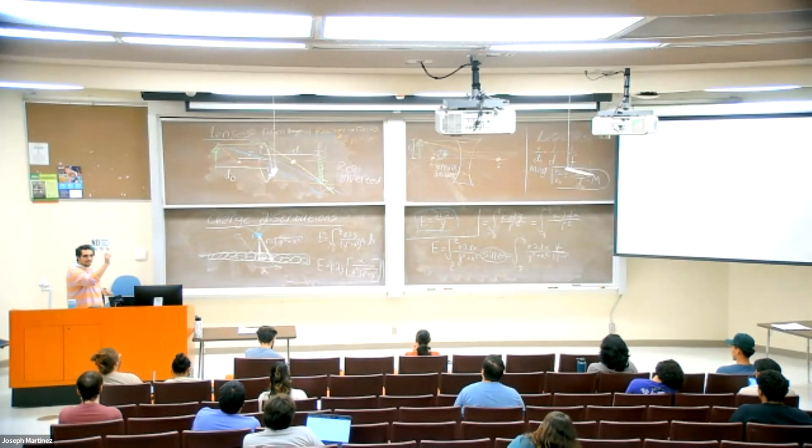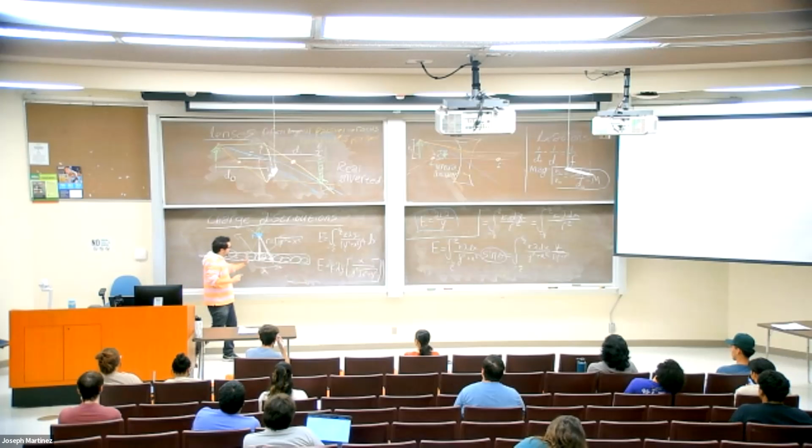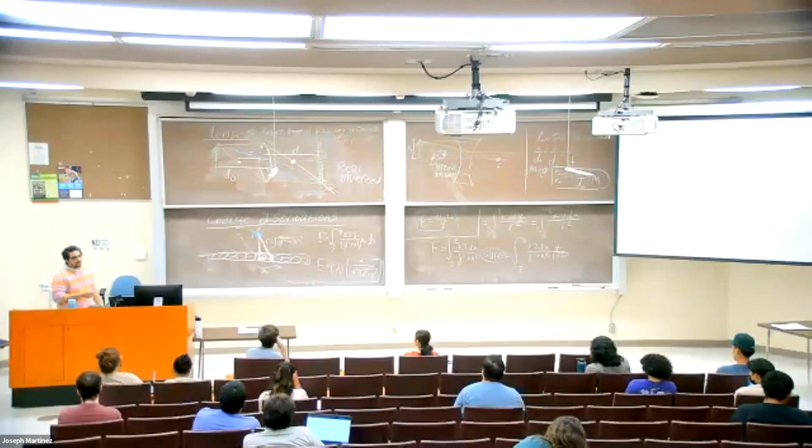If we're right in the center of a non-infinite wire, this will work. But if we're even slightly off center, that begins to fail. It's a little bit beyond the subject of this class.